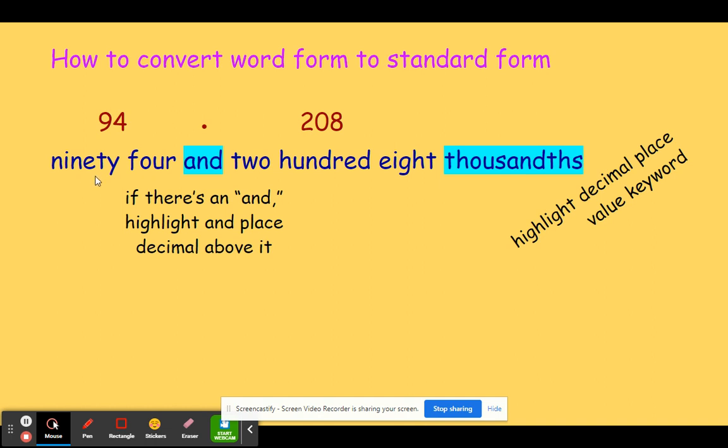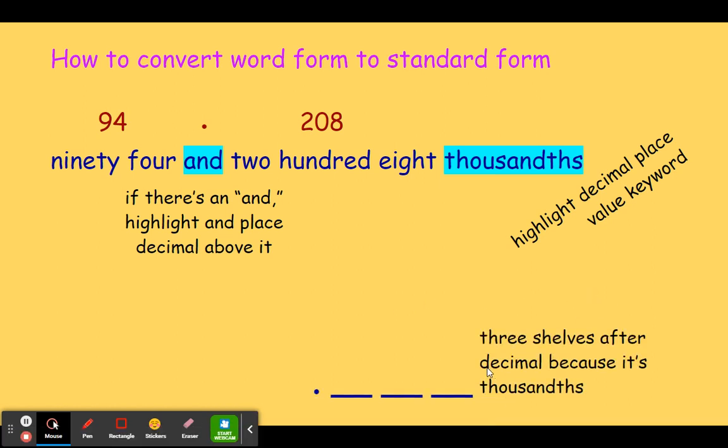So to annotate more, above 94, I put the digits that make 94, which is a 9 and a 4. Then, where it says 208, right in front of our decimal place value word, I put the digits that make up that number, 208. So I put that above 208.